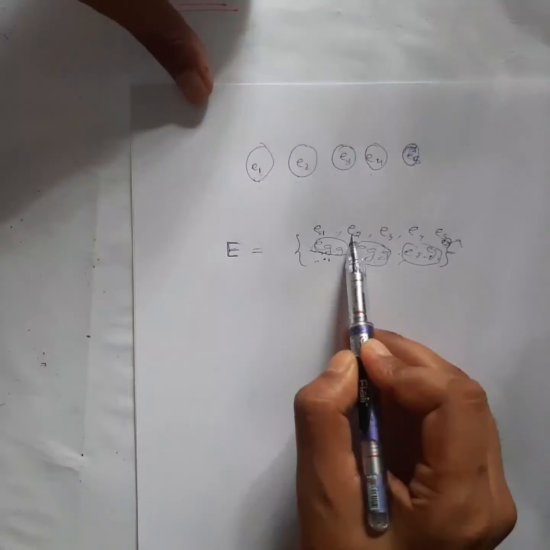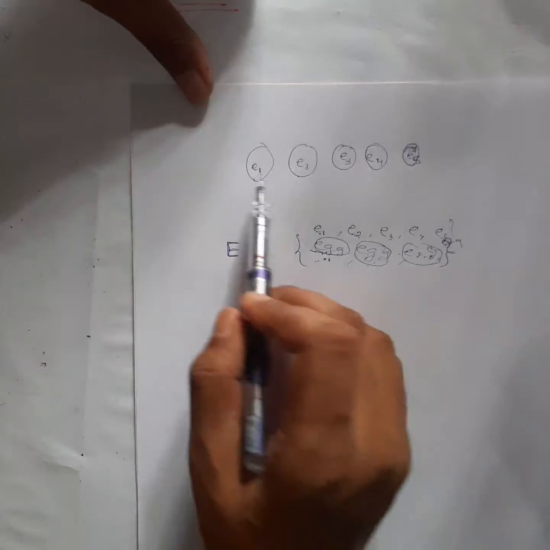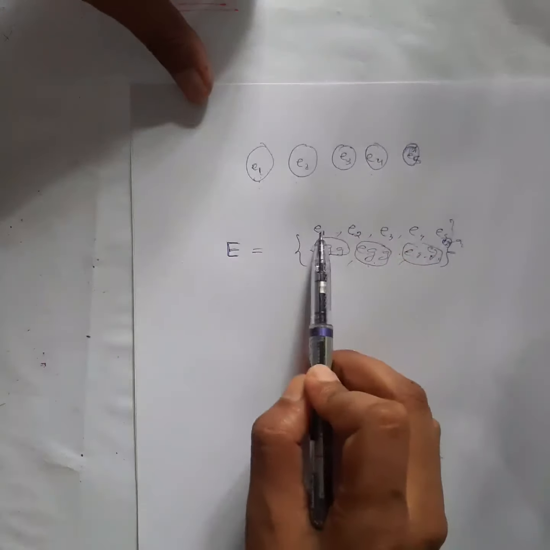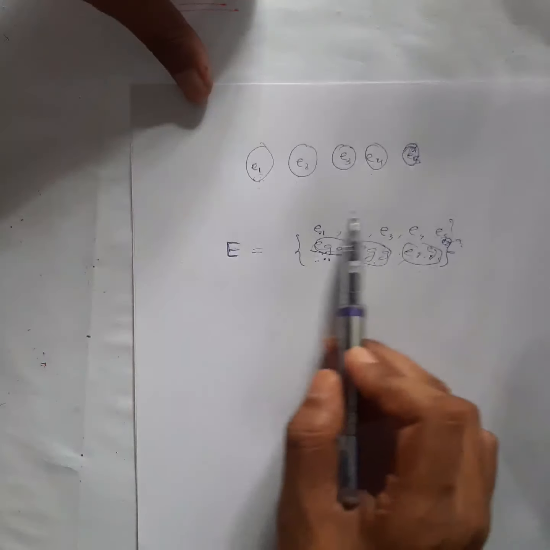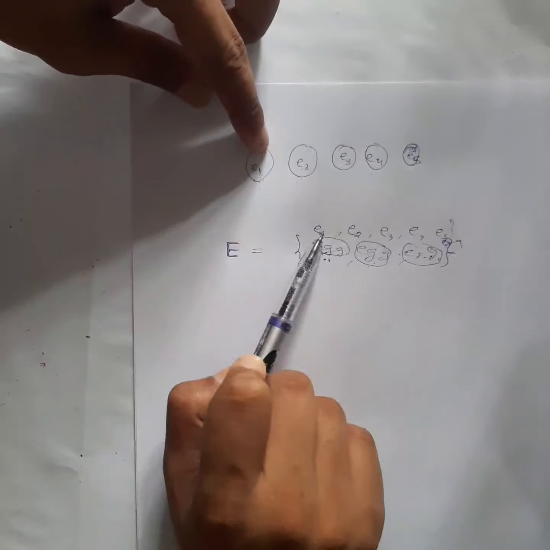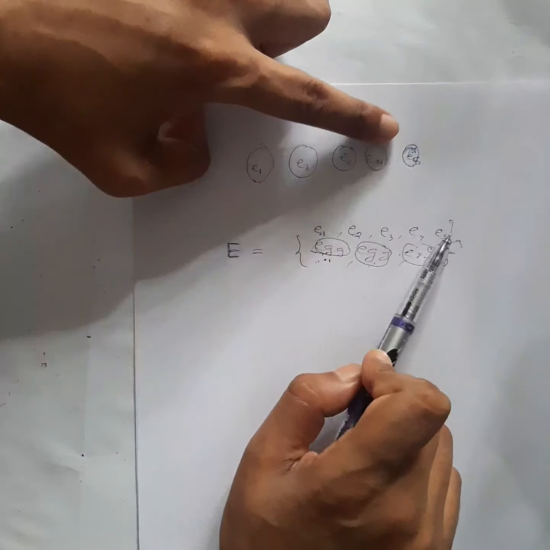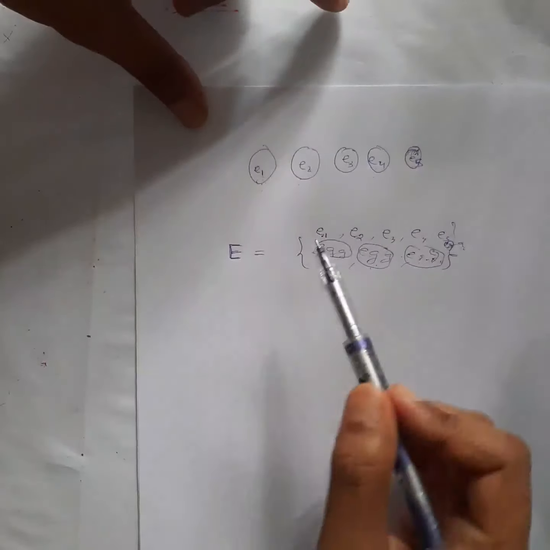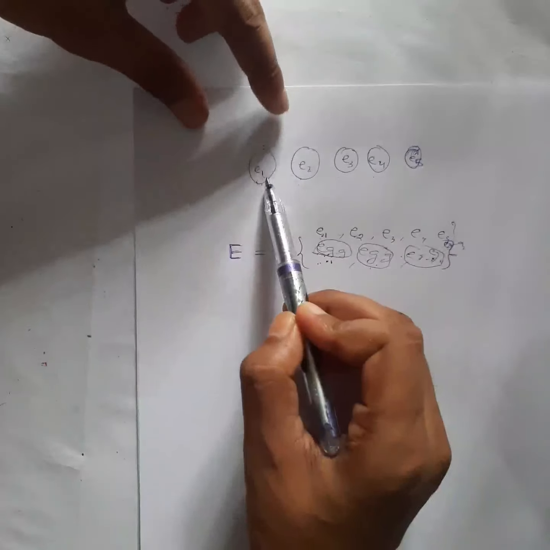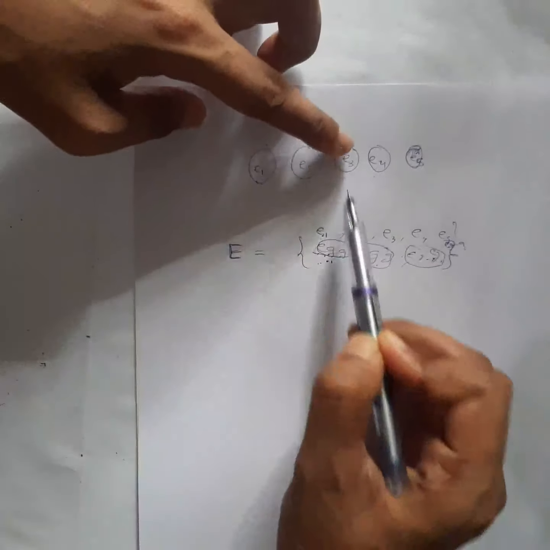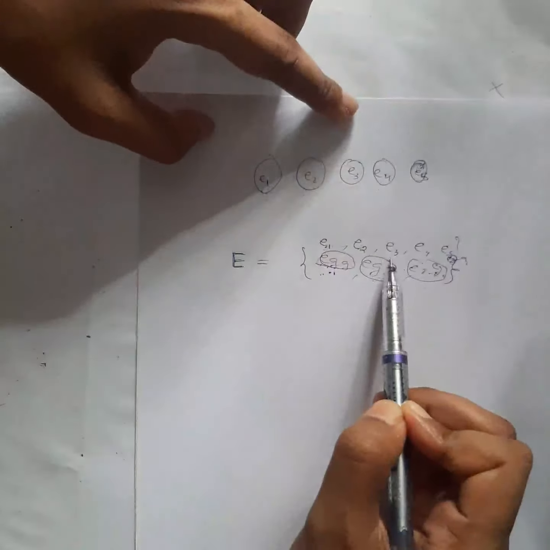If you write the set this way and you have given the names, then any person who sees this collection can easily figure out that this egg is this one, this one, this one, this one and this one, right?